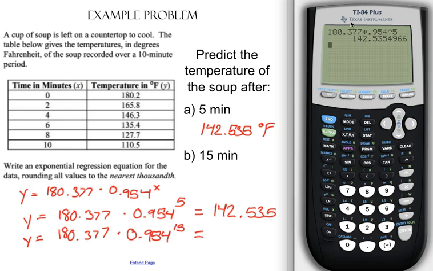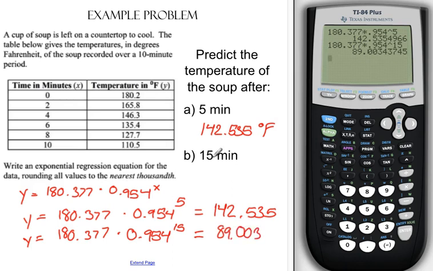Rather than type in all of this again, if I press second enter, it'll bring up the last thing I typed, but give me the option to edit it. So I can just change that 5 to a 15. And when I do, I find that my regression equation predicts the temperature should be 89.003.